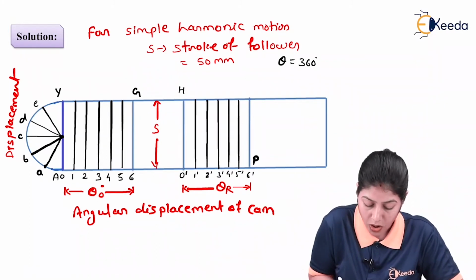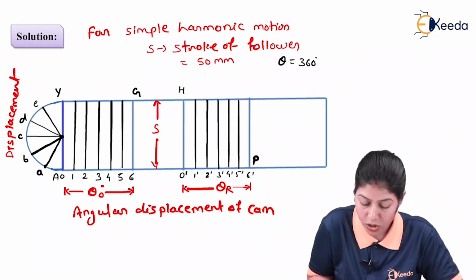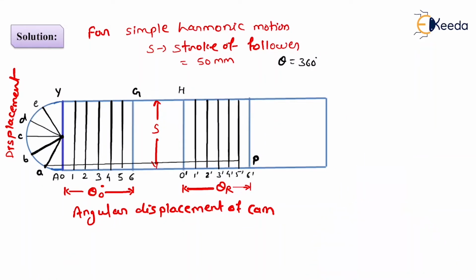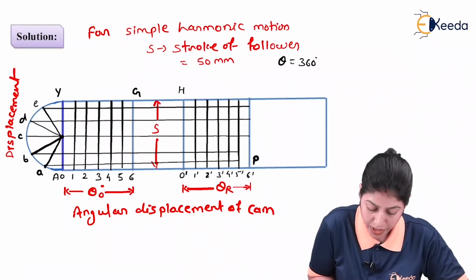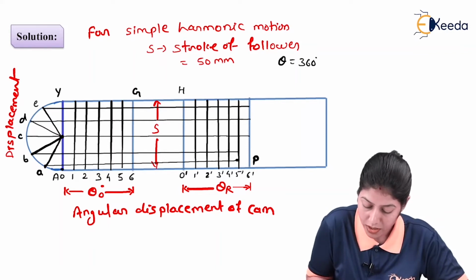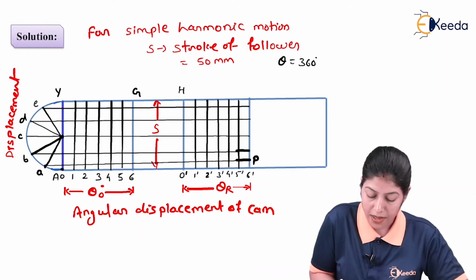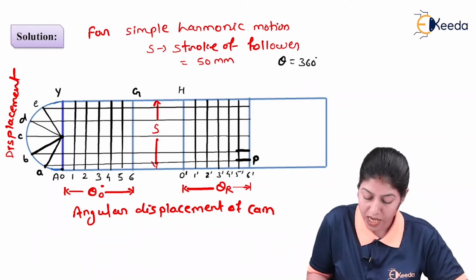So we will draw a line parallel to this horizontal line AP. Here I have drawn lines from points A, B, C, D, E parallel to this line AP, or parallel to this angular displacement of cam line.